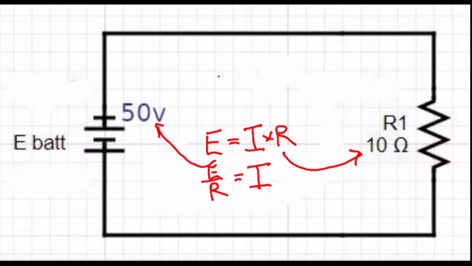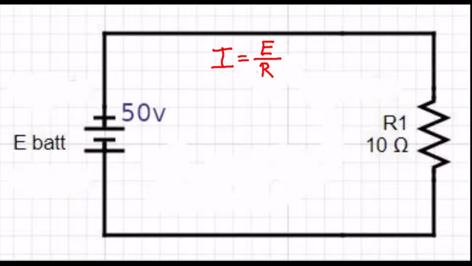Don't forget, at this point you want to probably do a quick sketch that looks like this one and do your math work on the sketch. It's a little bit easier when you're trying to figure out if something went wrong. So, rewritten, I equals E over R, or the amperage, the current of the circuit, equals the voltage divided by the resistance.